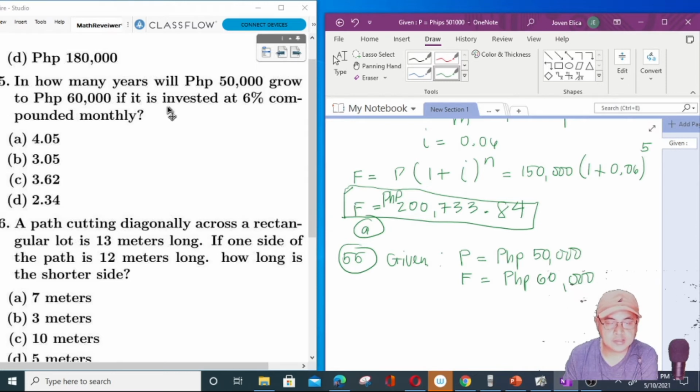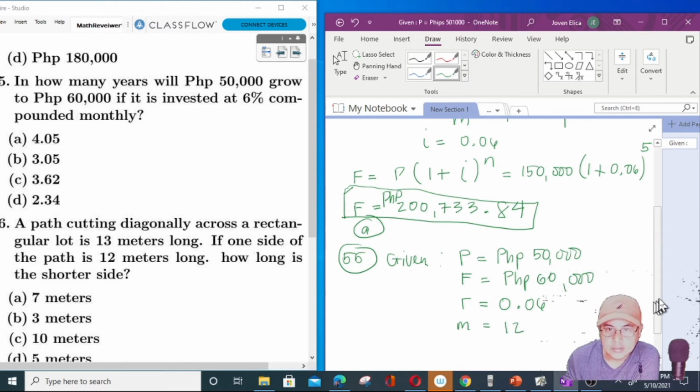If it is invested at 6%, what is our 6%? Is it I or R? Definitely this is R, because this is compounded monthly. So R is our 0.06, or 6%, and compounded monthly, so our M is 12.